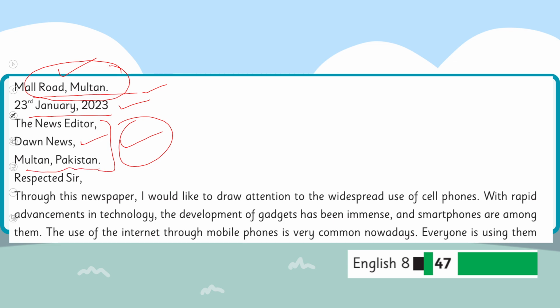And now let's come to the salutation. Respected sir or madam, or you can also do respected sir slash madam if you're not sure about the gender of the person you are addressing. After that you can put a comma and then start your body of the letter.